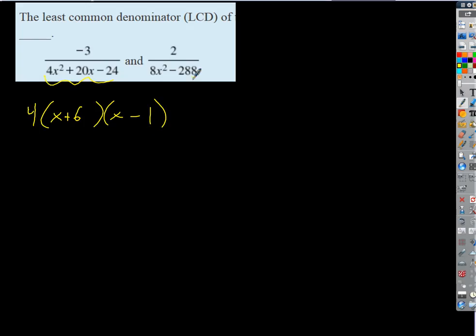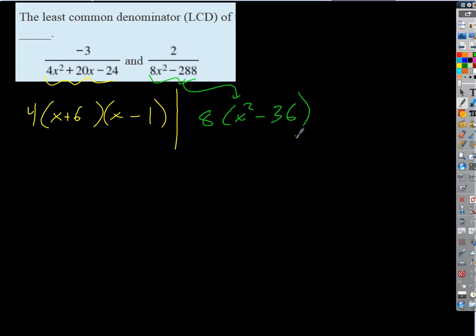Okay, this guy here, we can take out an 8, it looks like. And then we're left with x squared minus 36, it must be, right? Yeah.